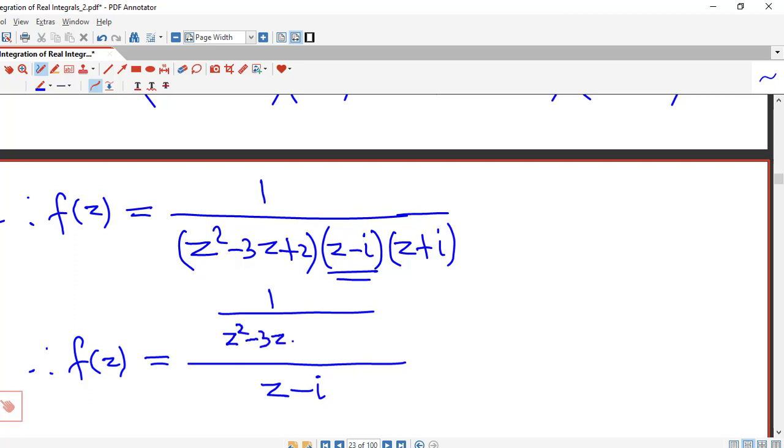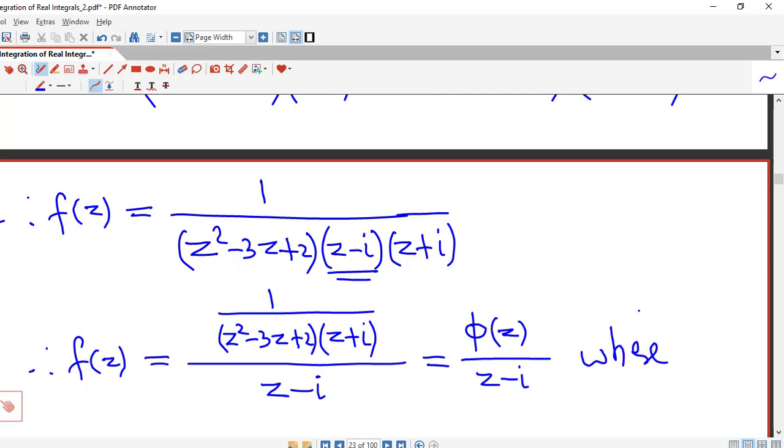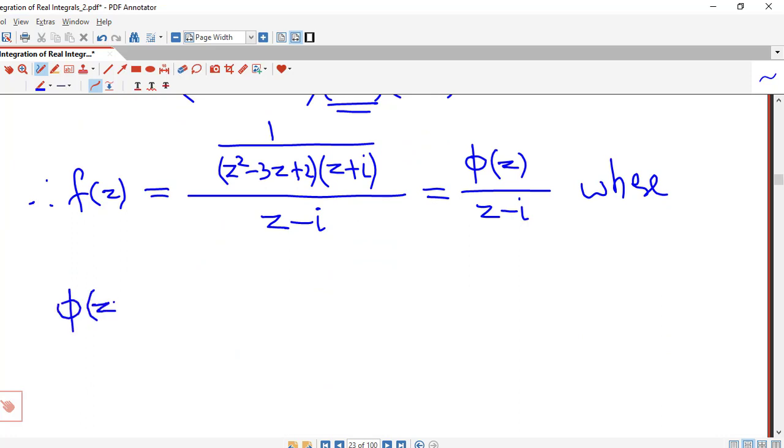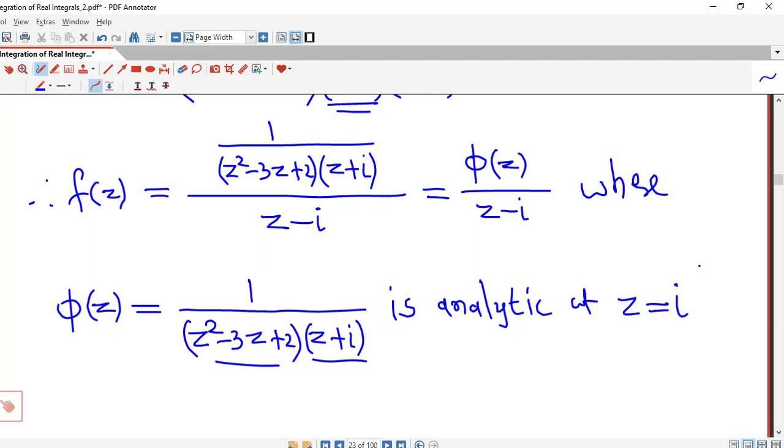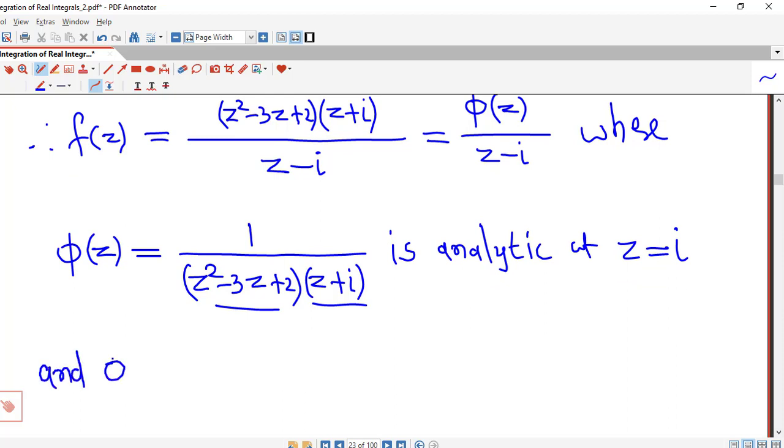This is z square minus 3z plus 2 times z plus I. So in this case our function phi is phi of z over z minus I, where now this phi of z is 1 over z square minus 3z plus 2 times z plus I. Now this denominator is non-zero at z equal to I, so phi of z is analytic at z equal to I, because phi of z is a rational function at z equal to I, and here also we have to find out value of function phi at z equal to I.